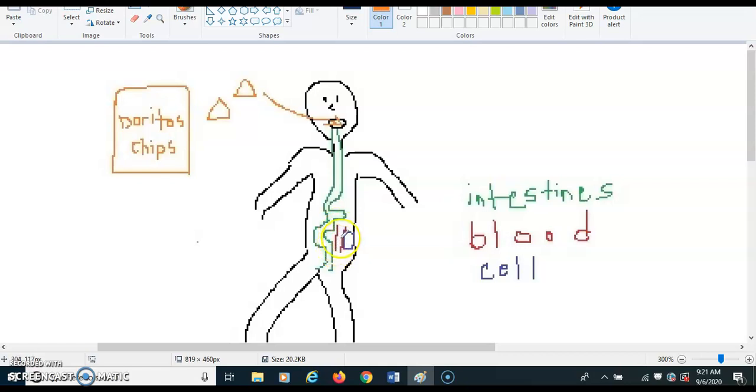So when that happens, before we ate the chips, we had this nice solute concentration balance between the cells and the blood. But then we ate those chips. And so now we have way more sodium and chloride here, so a higher solute concentration. And remember, the solutes can't pass across the plasma membrane. They can, but only when the cell membrane allows them to.